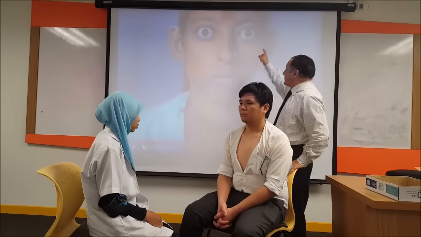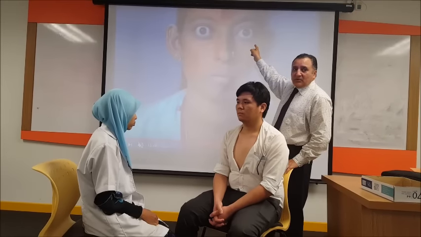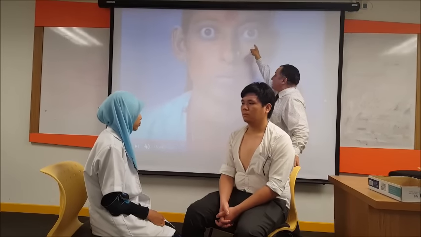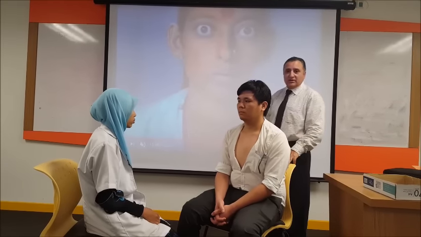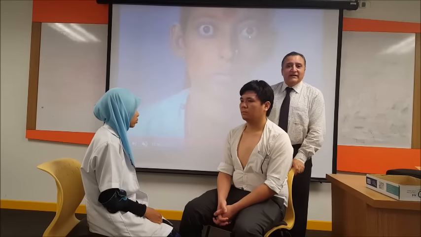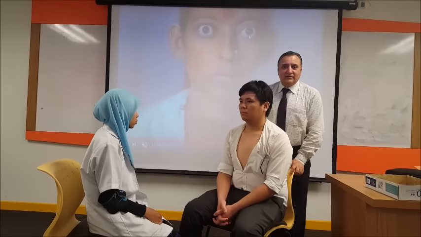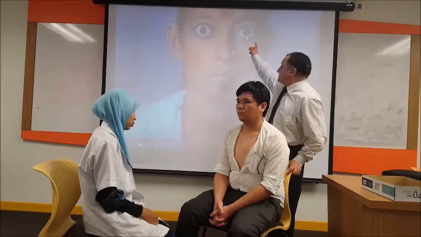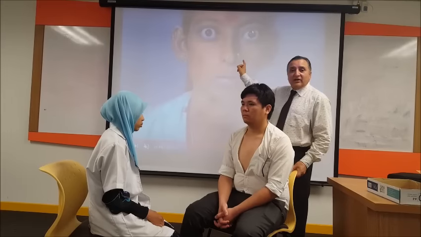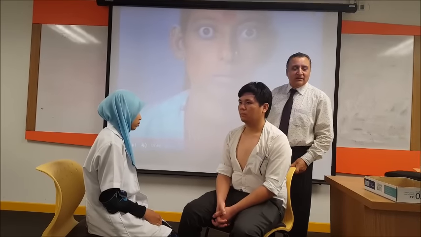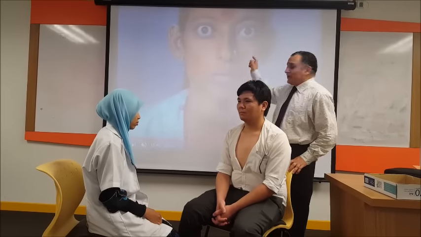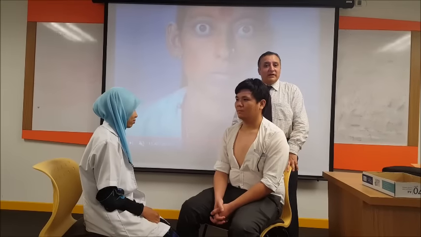You can see the sclera is exposed above as well as below. That means there is a lid retraction in this patient. And there is a staring look in this patient, and it appears that there is infrequent blinking.